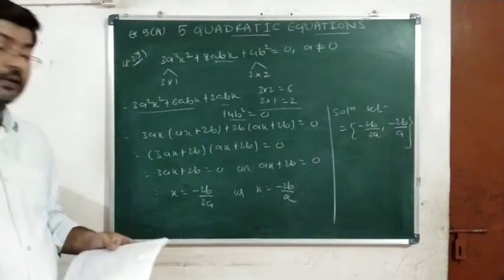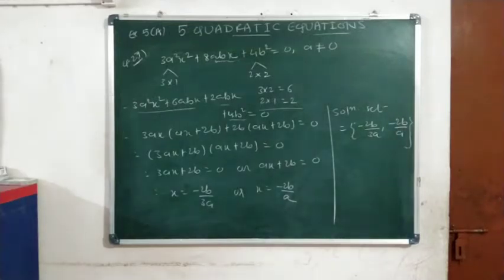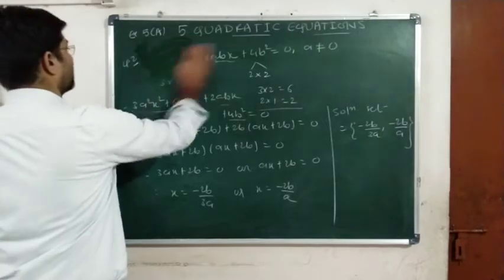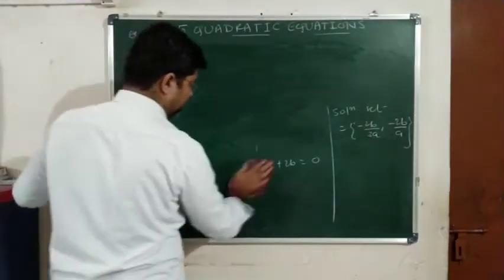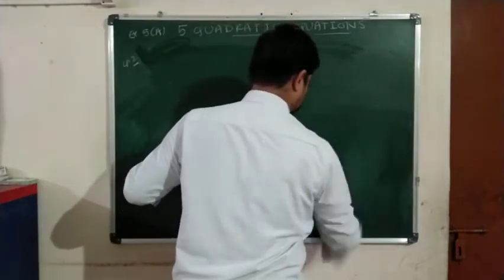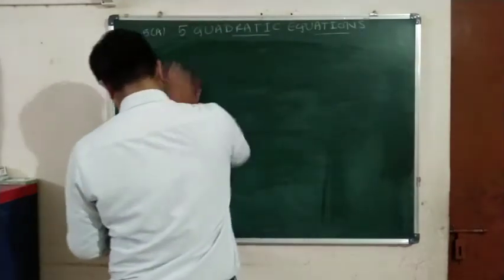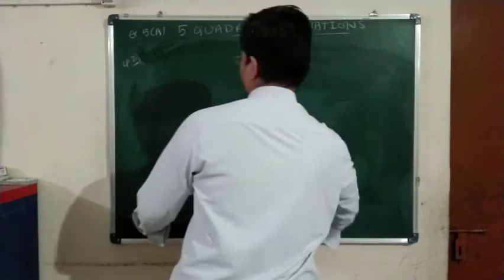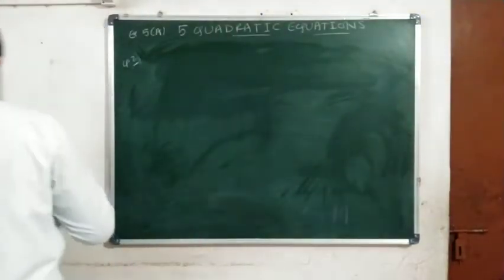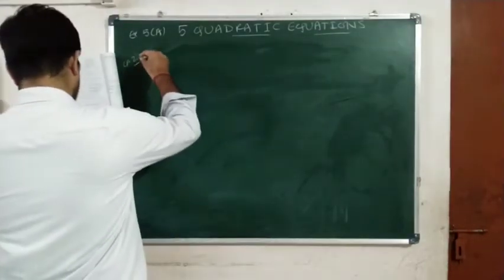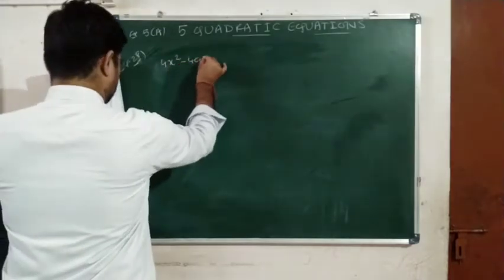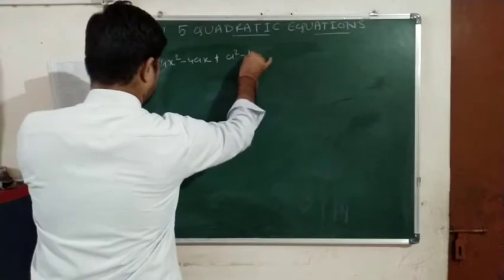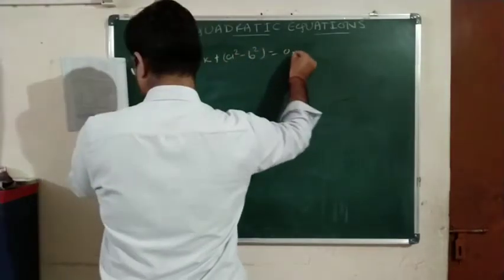Now let us solve question number 28. 4x square minus 4ax plus a square minus b square is equal to 0.